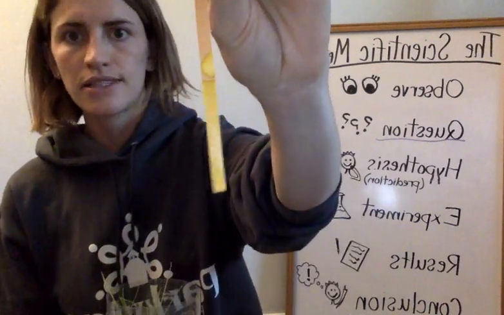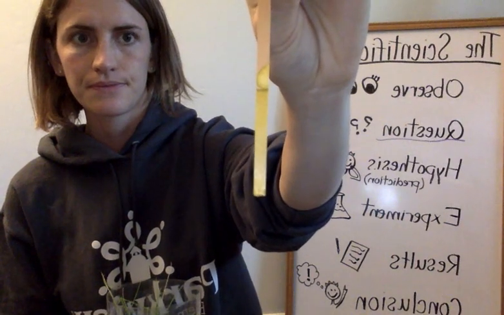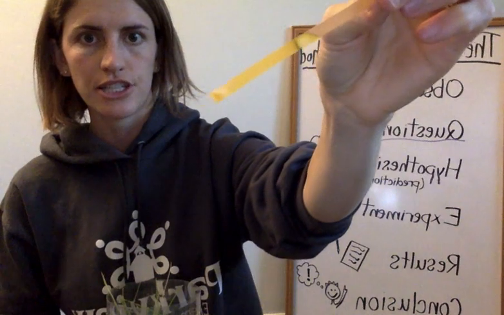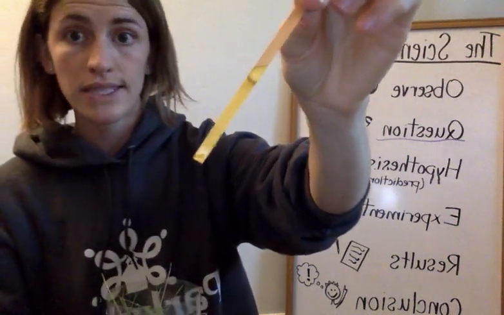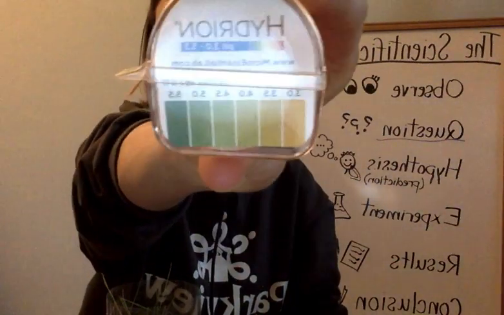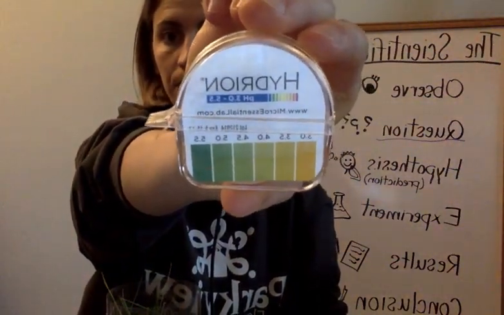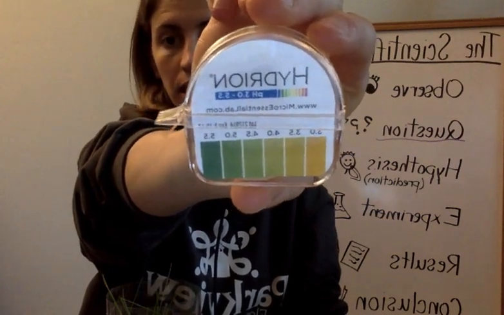And you can see that it's already changing color. I'm going to let it sit for a few seconds and let the color change finish. And once it's done, I will compare it to these colors on the front of the container. Whichever one it matches will tell me the pH of the solution.